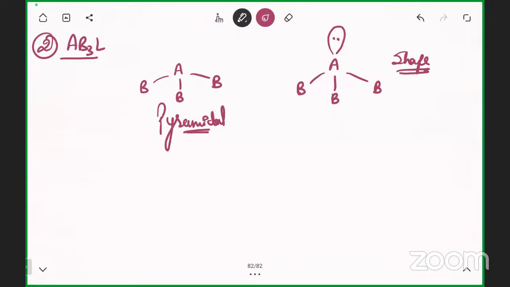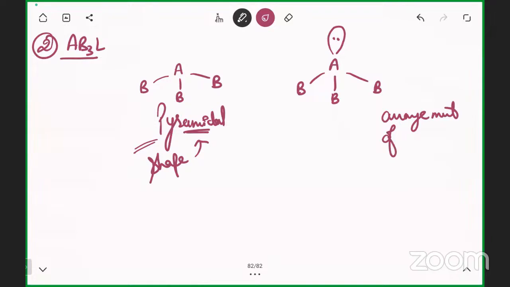So without the lone pair, I'll say the shape is pyramidal, according to the arrangement of atoms. I'll share a two-page table of this, okay? This will be easy for you to remember. According to this, you can see that this is a tetrahedral sort of shape.